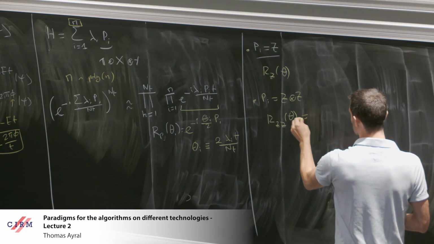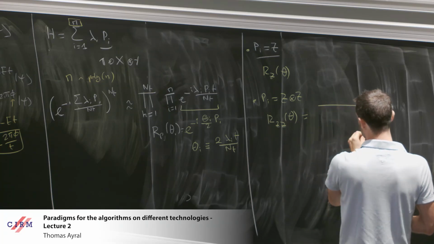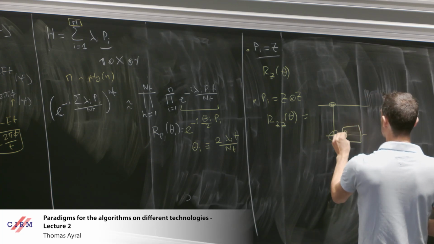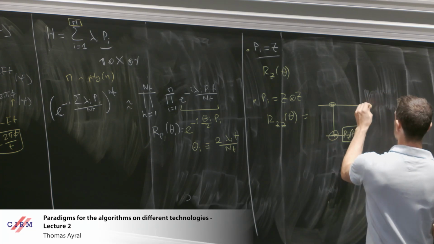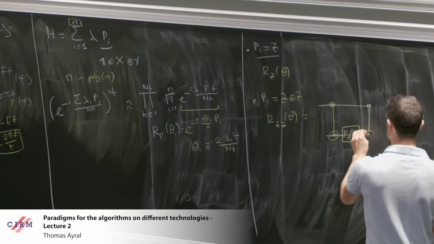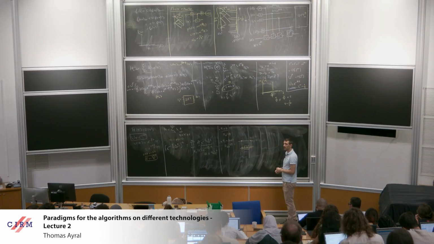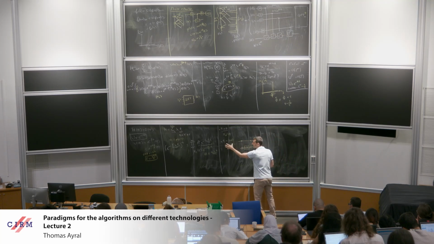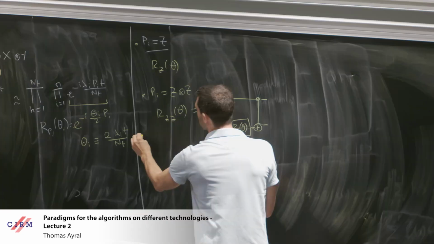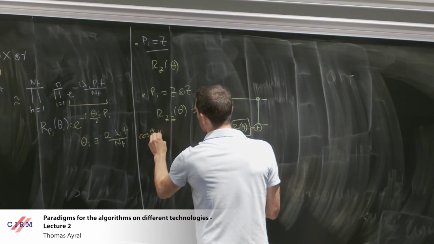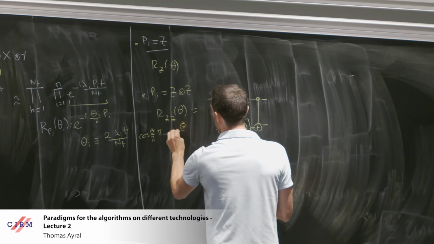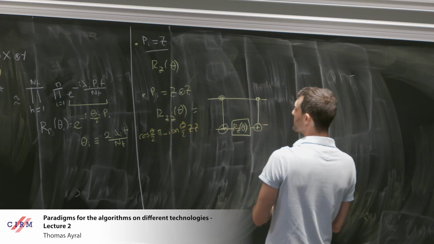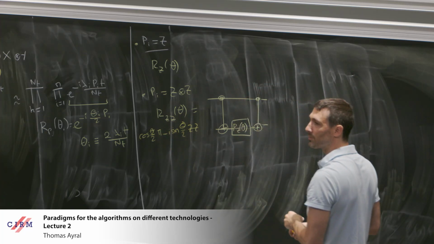And in fact, it's quite easy to show that there's a simple circuit to do that, which looks like that. So you do a CNOT, then you do an RZ rotation of theta, and then you do another CNOT. And this will do the trick. You can just check the two matrices; you already know, we saw yesterday, that this one is cosine theta half identity minus i sine theta half ZZ. So you can check that if you build a matrix corresponding to this circuit and the matrix corresponding to the right-hand side, you'll find the same operation.